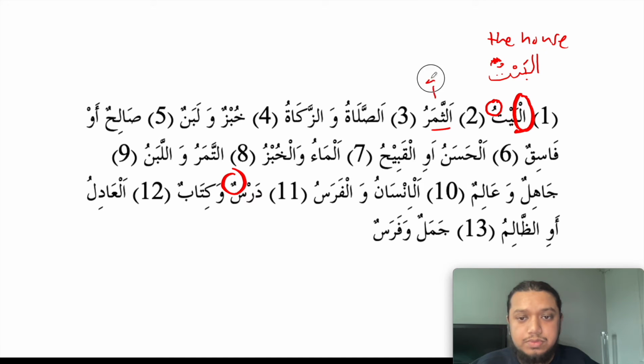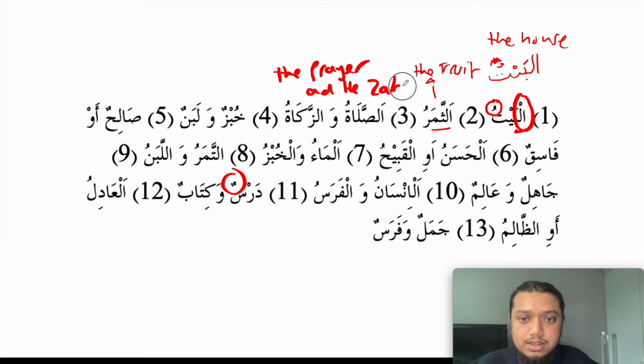Ath-thamaru is the fruit. As-salatu waz-zakatu is the prayer and the zakah. Khubzun wa laban is bread and milk.